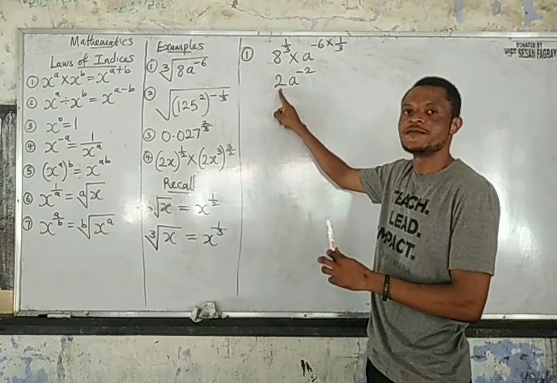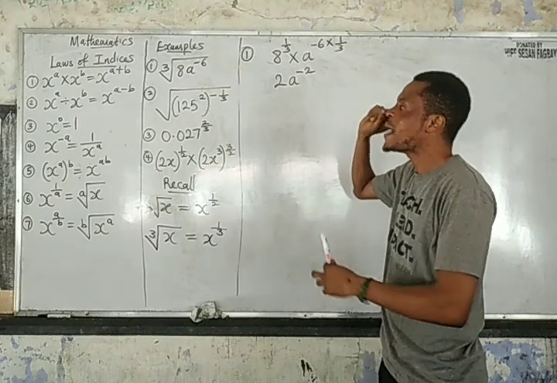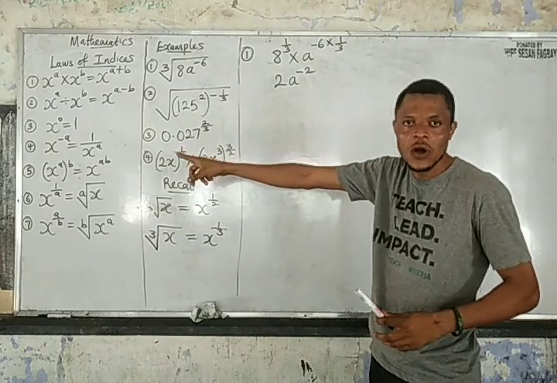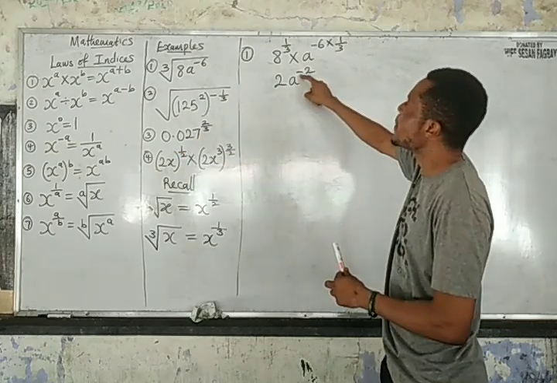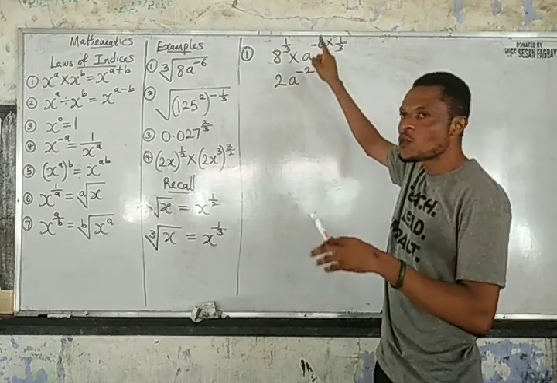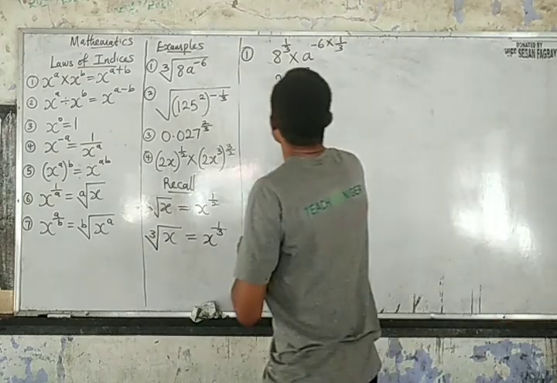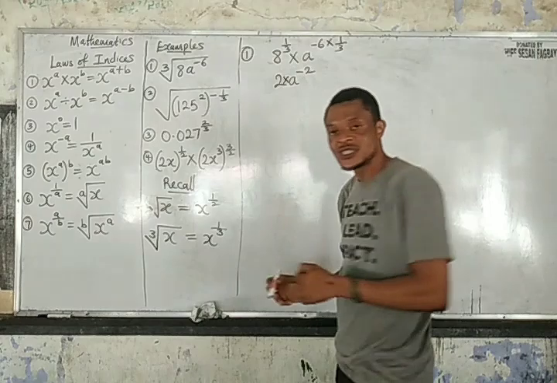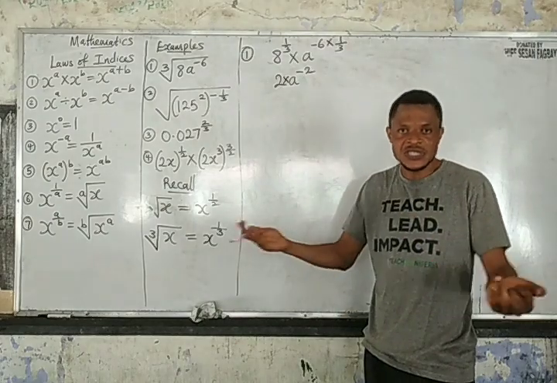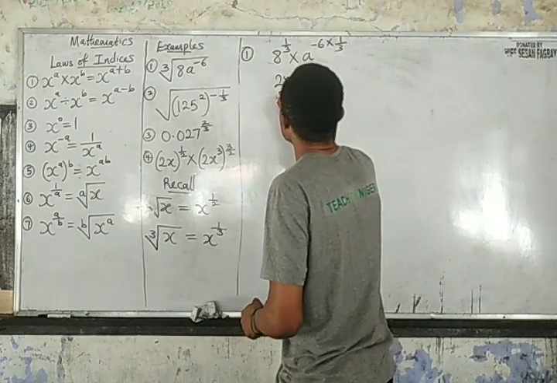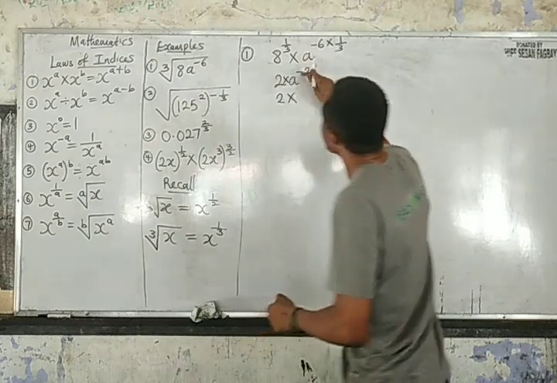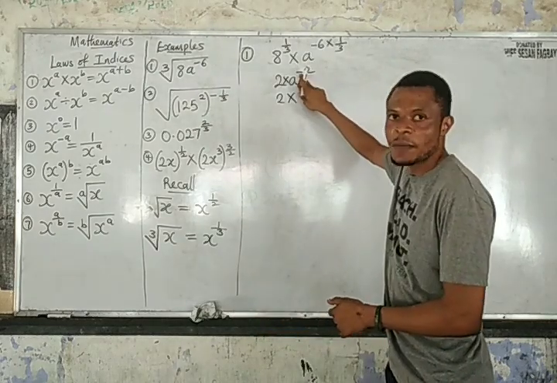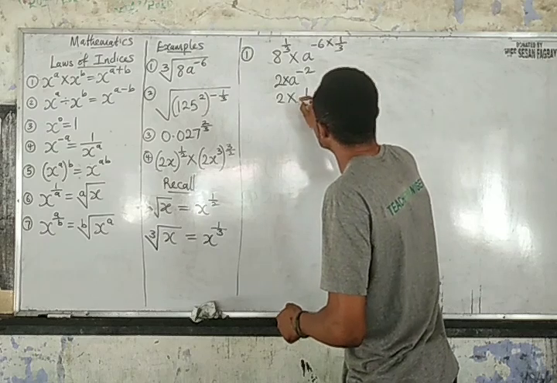2 is not involved. So we shall proceed by making use of the fourth law of indices, where this minus as the power will become 1 all over. So we are going to have, let's put this multiplication sign for clarity, it's still the same thing. So we are going to have 2 multiplied by, because of this raised to power minus, we shall have 1 all over.